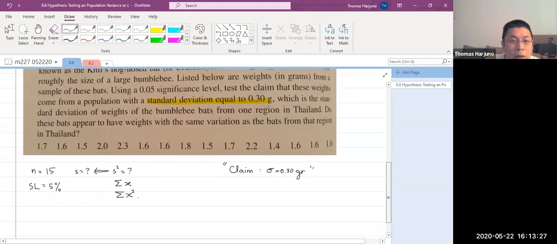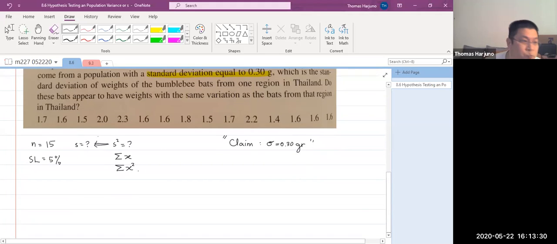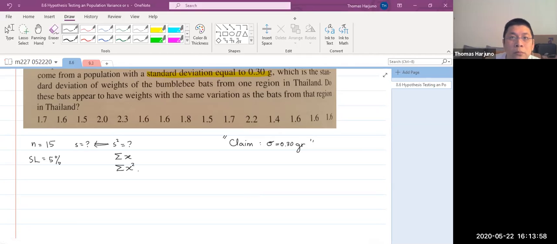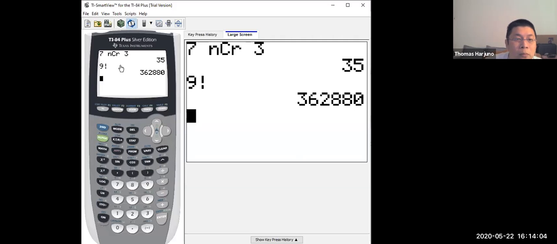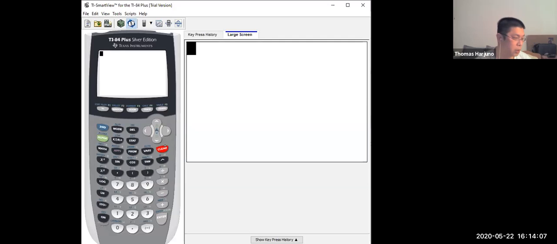Okay, now let's find that first. You can use your calculator. But when I say you can use your calculator, it's like this. You may want to write the data down first, and I prepare my calculator here. This is my calculator.